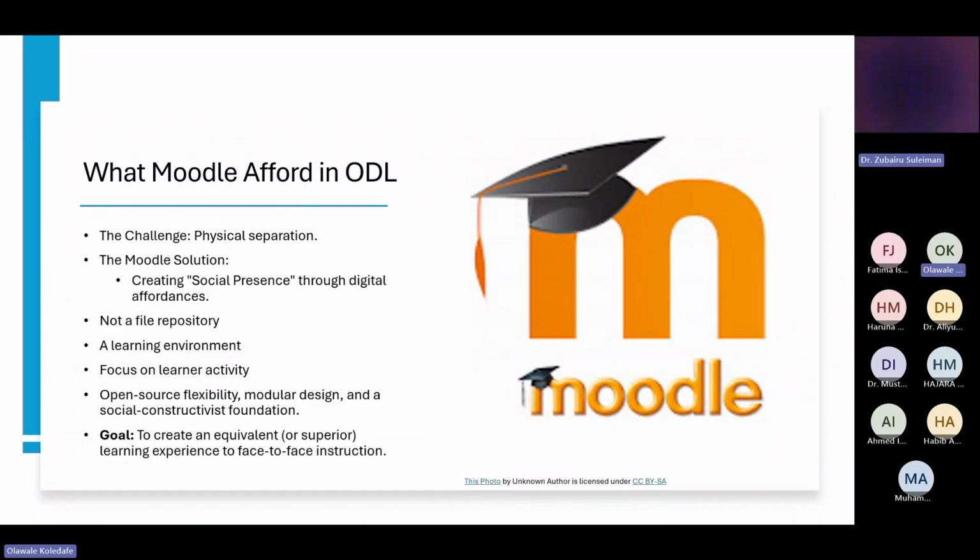So, what is the goal? The goal is to create an equivalent learning experience to face-to-face instruction. And I always add in brackets, superior learning experience to face-to-face instruction.